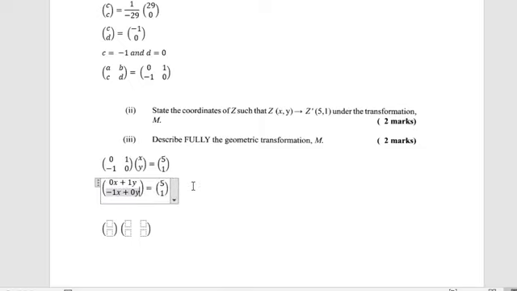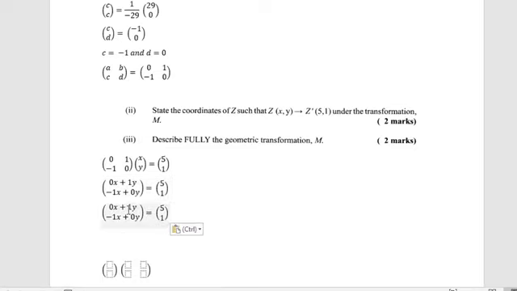So now we can go ahead and solve for x and y respectively. 0x plus 1y will just leave us with 1y, and minus 1x plus 0y will leave us with minus 1x, which is equal to 5 and 1.